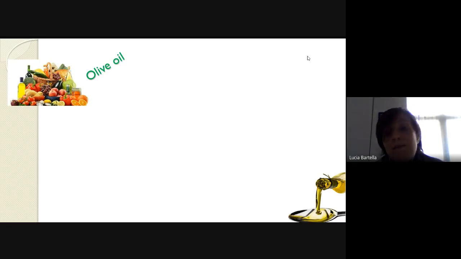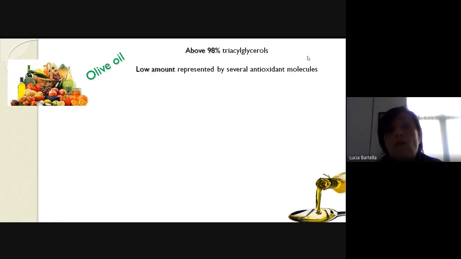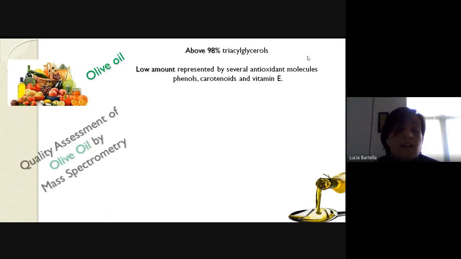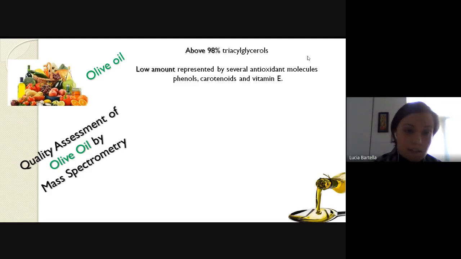It is a fat matrix, but it also contains low amounts of several antioxidant molecules, such as phenols, carotenoids, and vitamins.